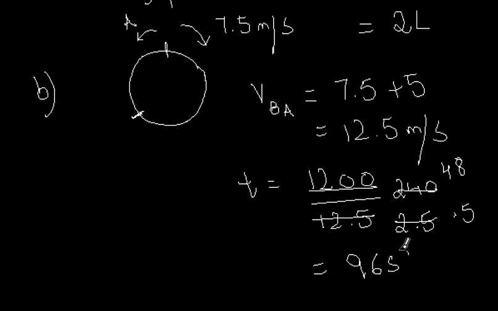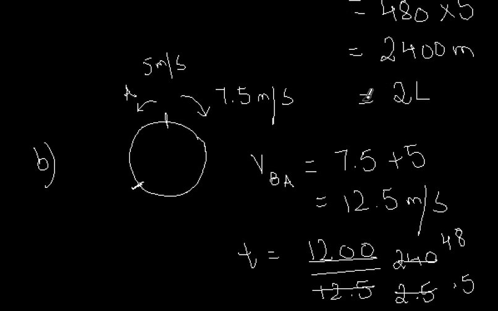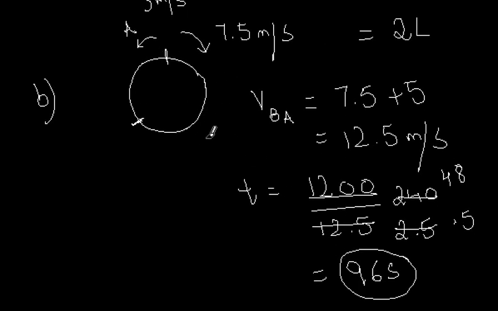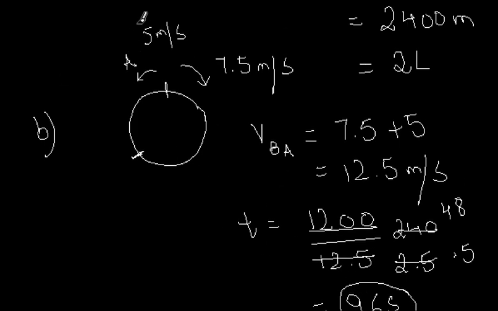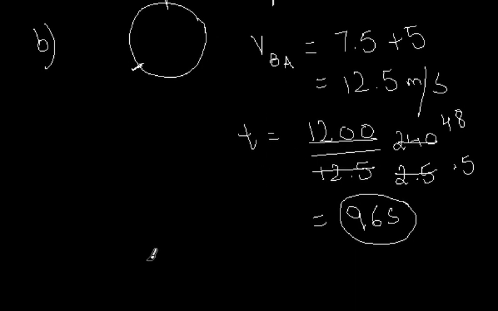So clearly they meet here after 96 seconds, which is also obvious that it is less than 480 seconds which we got in the first part, because here they are moving in the opposite direction, so they will meet for the first time faster. Now in 96 seconds, what is the distance traveled by A?